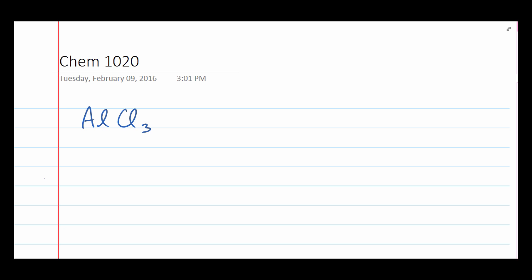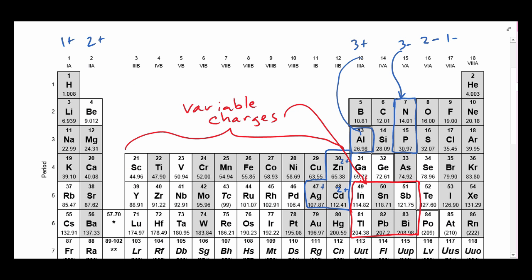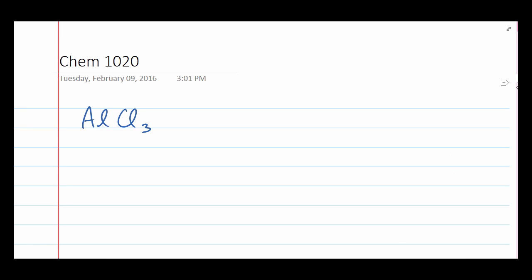And so if we classify this one, is this an ionic compound or is this molecular? It's ionic. And why is it ionic? Metal and a nonmetal. And whenever you have a metal and a nonmetal, then we don't use the prefixes. And so the name of this simply would be aluminum chloride.